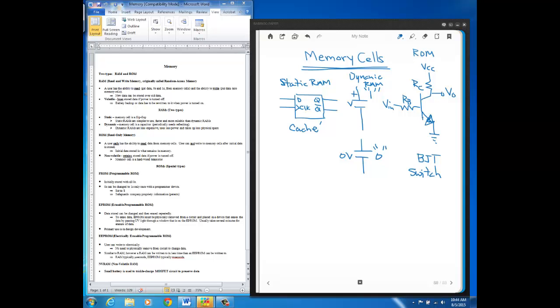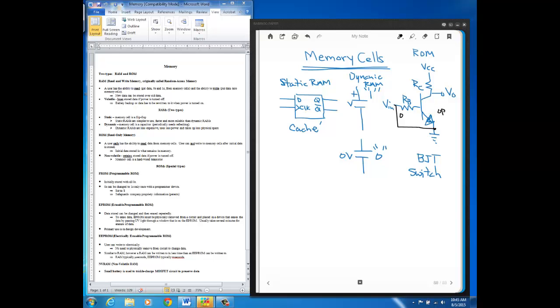The way that bits are stored with this memory cell is by what we call a hardwire, which is just a term that means short. If we short the input of this transistor switch to ground, that's going to make Vin equal to 0, which makes an open.